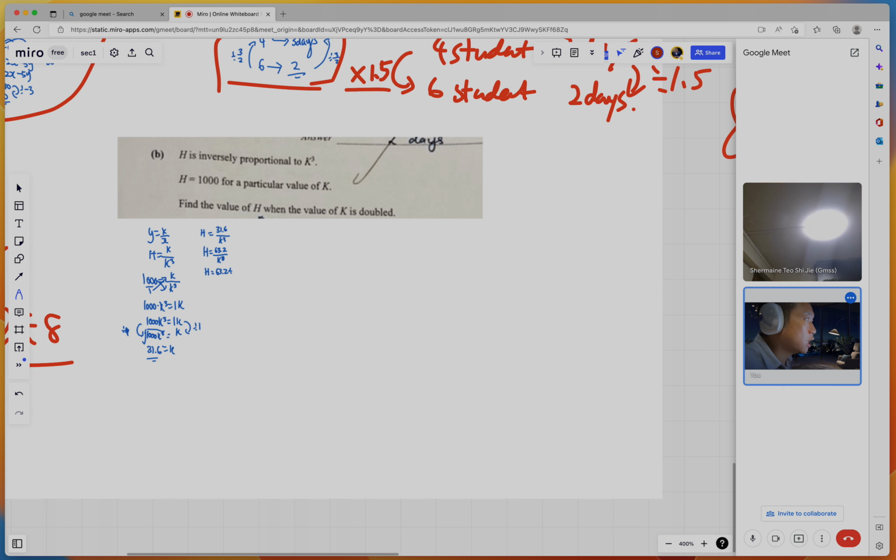Okay, this h is inversely proportional to k cube. This one is quite simple. Let me see. Correct. Then cross multiply. Okay, correct. 1k.